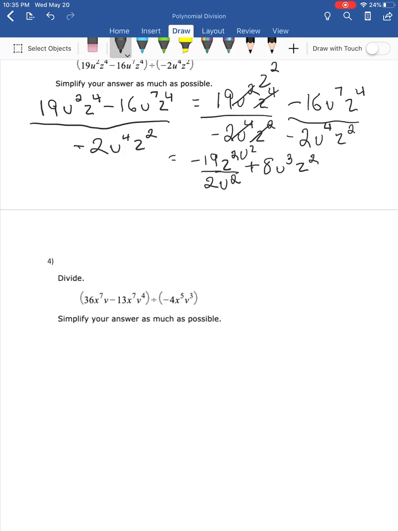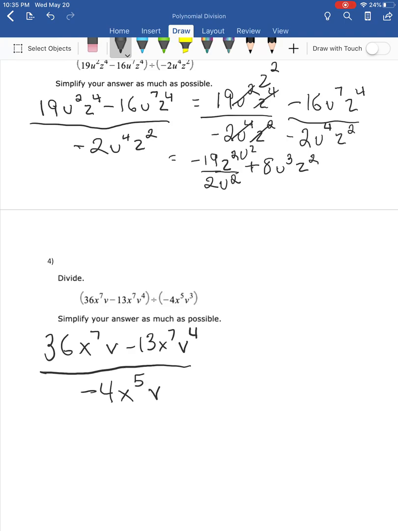Okay, number 4, let's rewrite. So this is 36 x to the 7th v minus 13 x to the 7th v to the 4th over negative 4 x to the 5th v cubed.